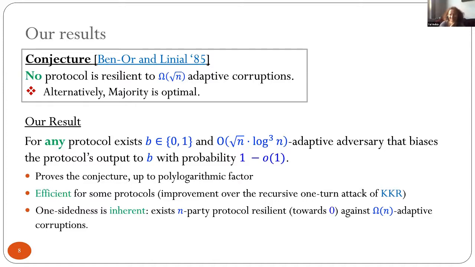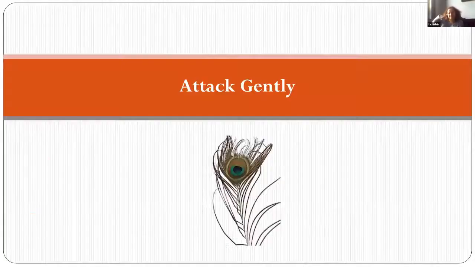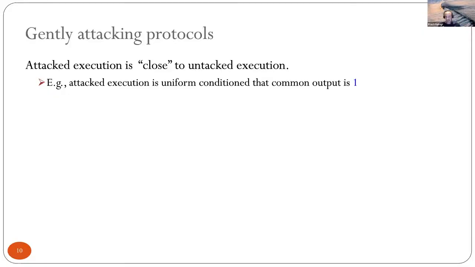I have no time to speak about the proof, of course, but let's see just one philosophical thought about how to attack interactive protocols. The bottom line is to attack them gently. Let me explain what I mean by that. To attack gently means that even the attacked execution is close to the unattacked, uniform executions.